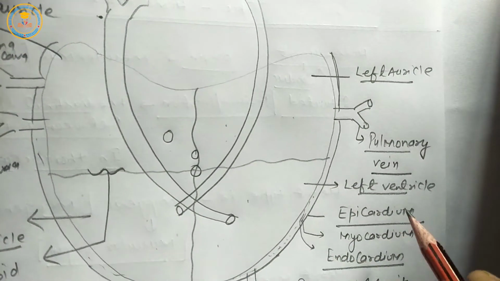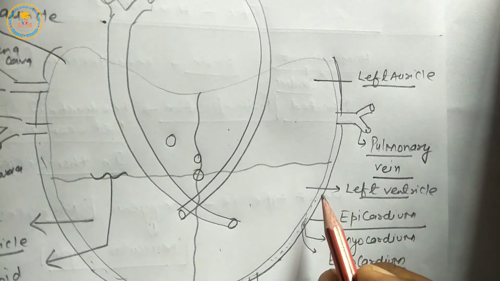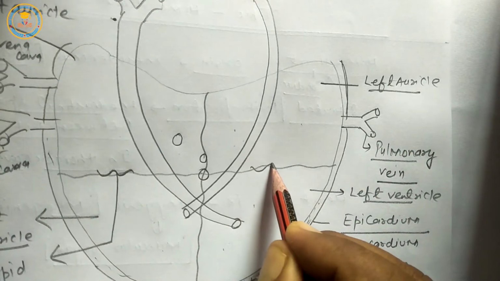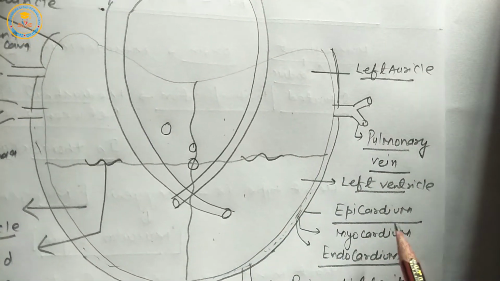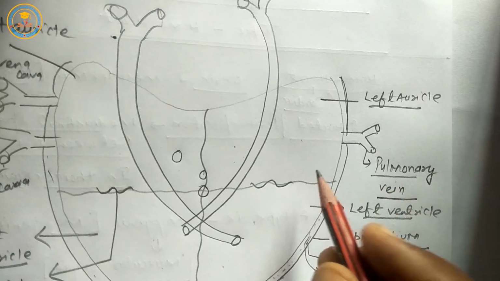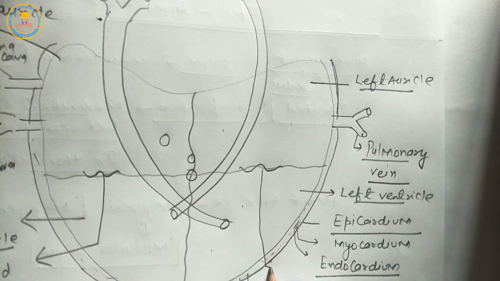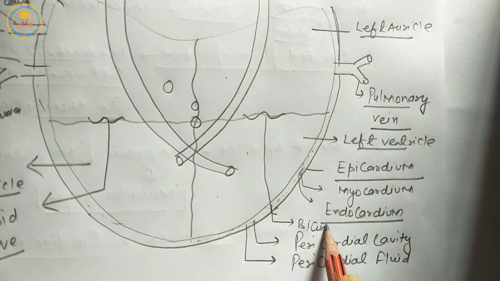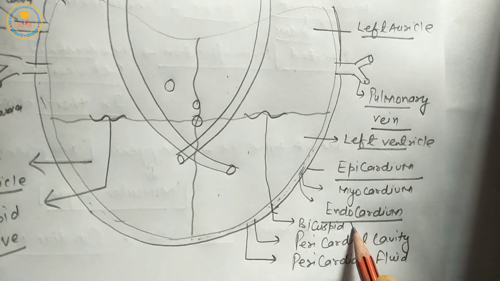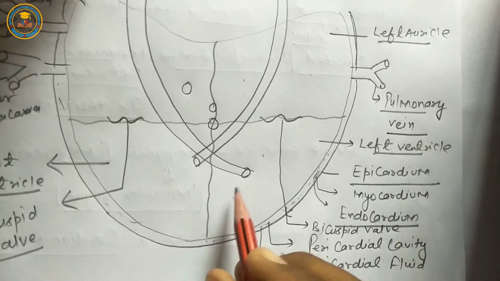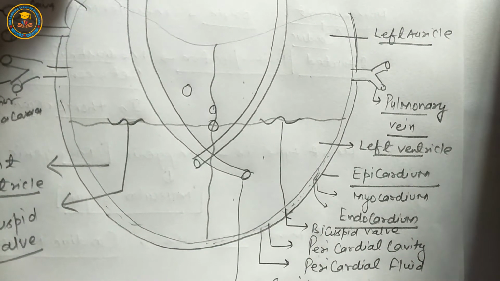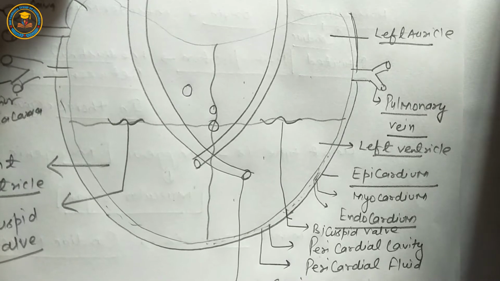A specific valve or a specific barrier between left auricle and left ventricle is the bicuspid valve. Next, this valve is the semi-lunar valve.